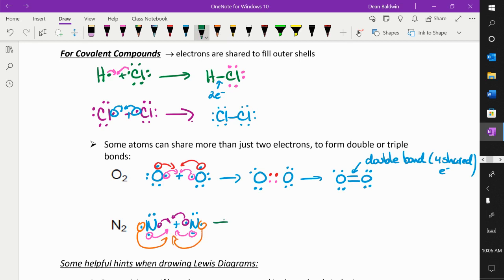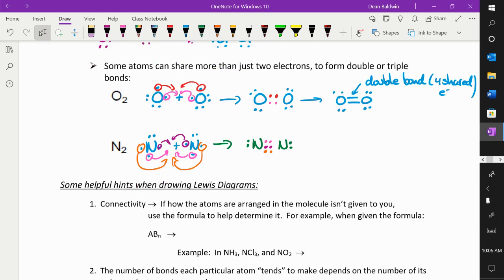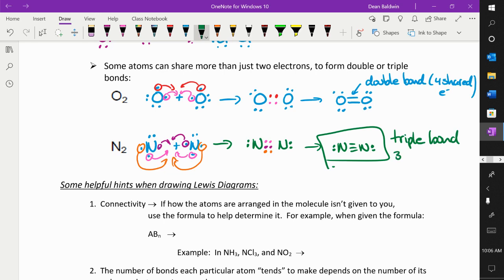So you end up with something that looks like this. And because it's 3 pairs being shared, we form a triple bond. So you get the triple bond: 6 shared electrons.